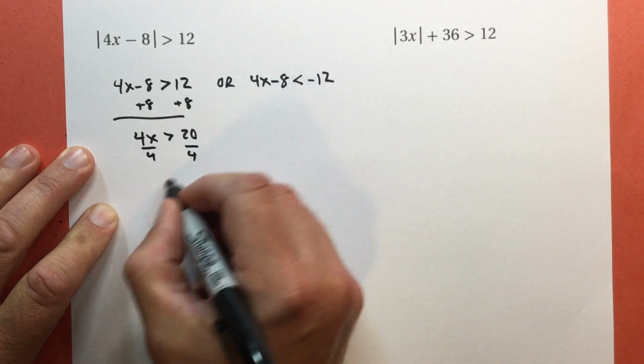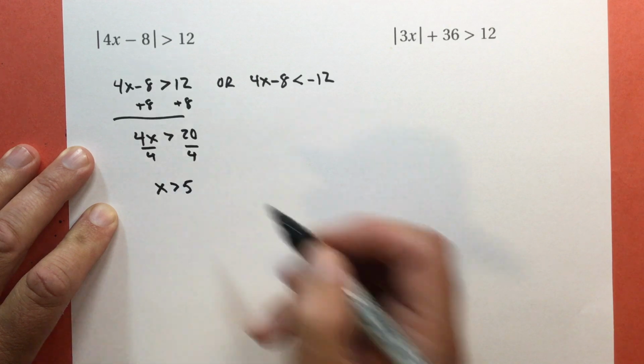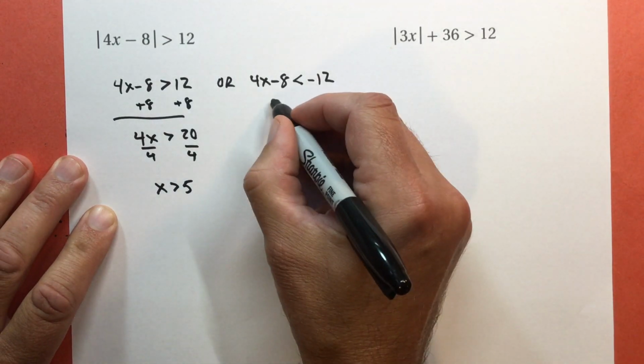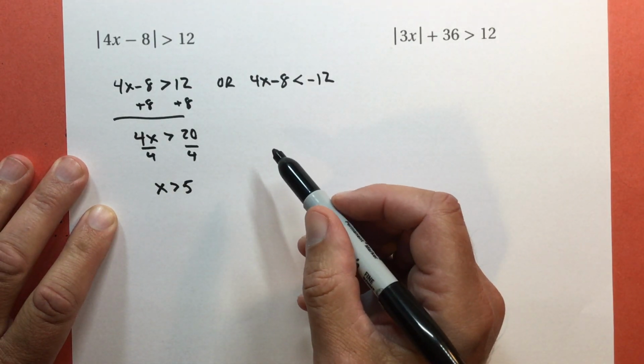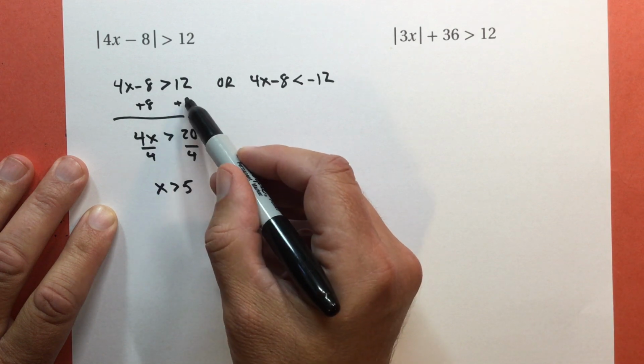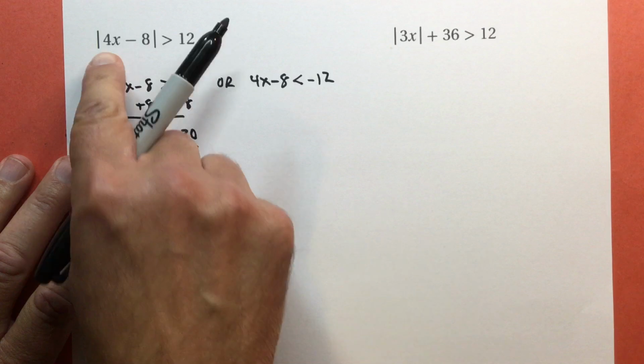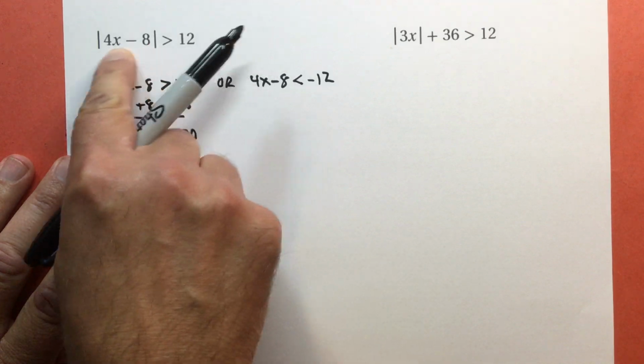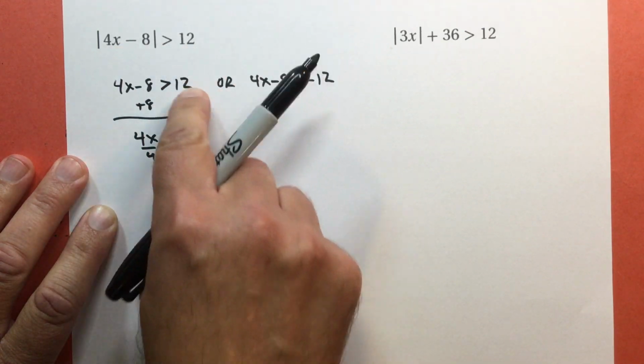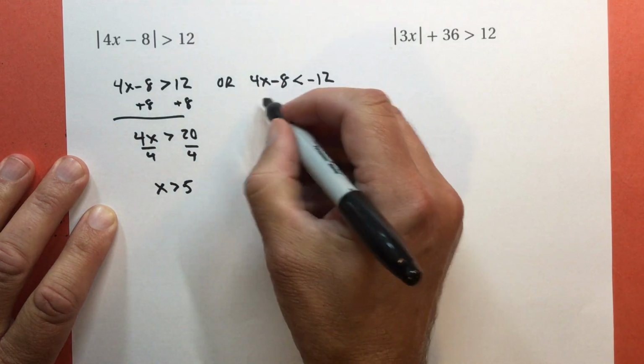Divide by 4, I get x is greater than 5. And by the way, I don't know if you've noticed, but the steps that I do in this problem, it was adding 8 and dividing by 4. Those are going to be the same no matter what, because what's in here doesn't change. It's only what's out here. What you're doing those steps to is going to change.